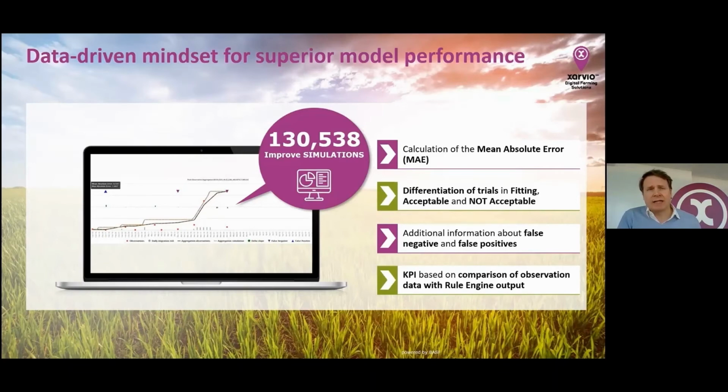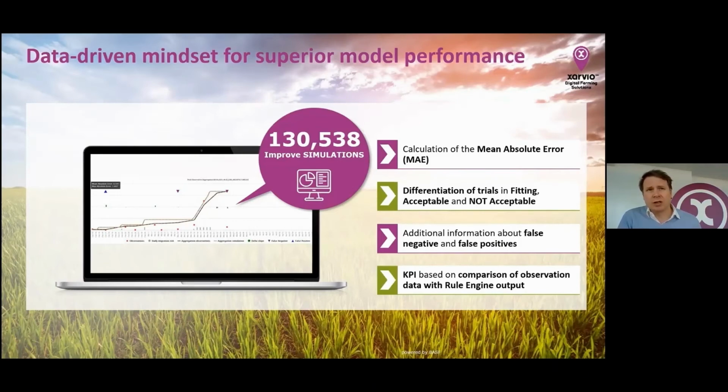And we have clear KPIs to evaluate the performance of our model. So we look at the mean average error of a model. We look at whether the model is performing, whether it's acceptable or whether it's not accurate enough.